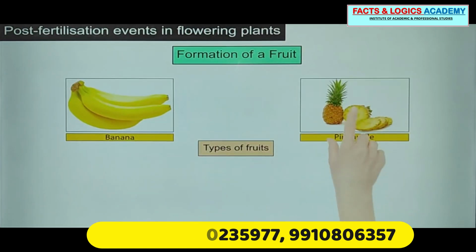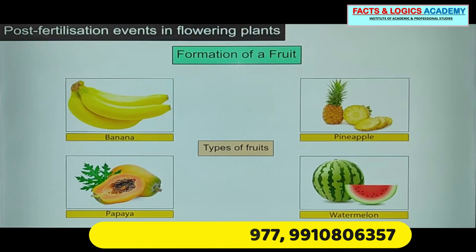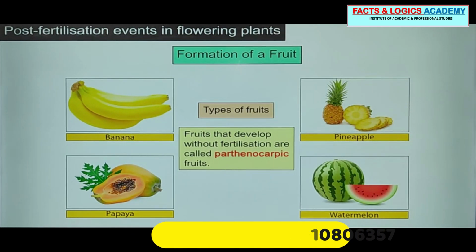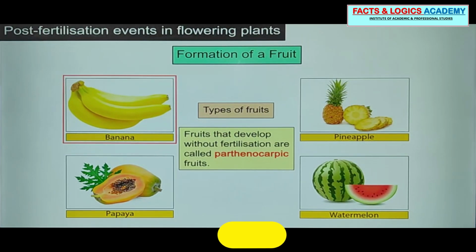Although in most of the species, fruits are the results of fertilization, there are a few species in which fruits develop without fertilization. And such fruits are called parthenocarpic fruits. Can you name one such fruit? Yes, you guessed it right. It's banana.